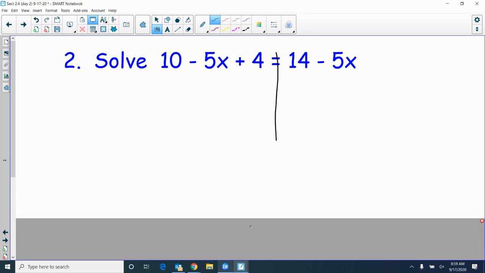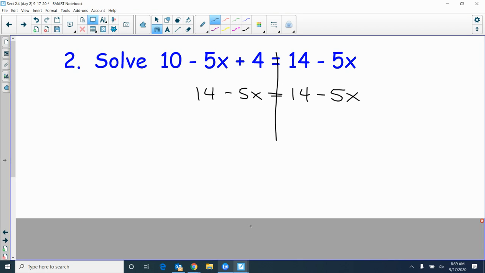Caitlin, what are my like terms? 5x and 5x. No, look on the left-hand side. What are two things we can combine? Oh, 10 and 4. Good, 10 and 4. So 10 plus 4 is 14. I do that first. 14 minus 5x equals 14 minus 5x.